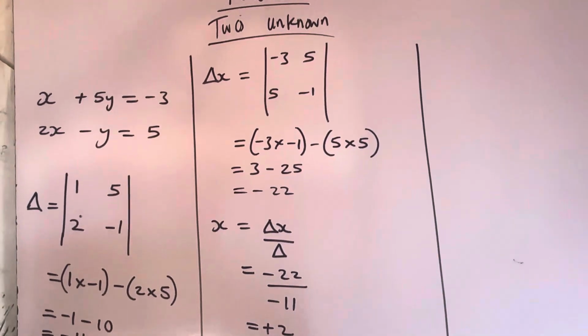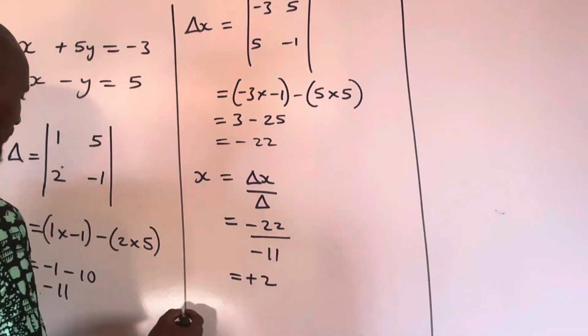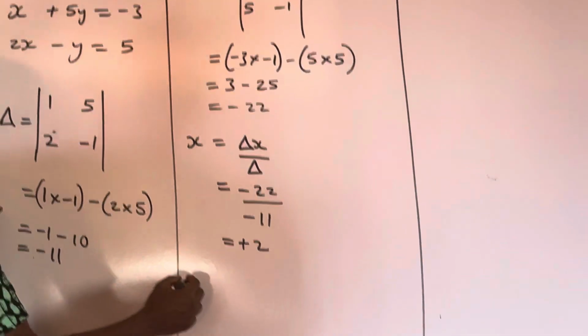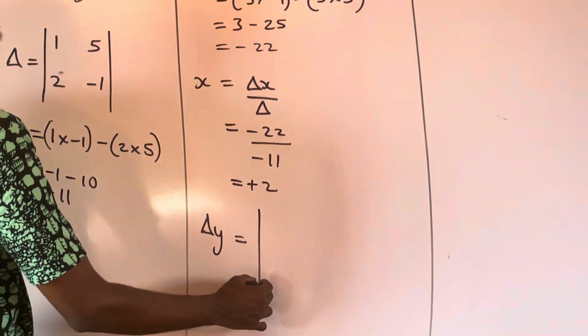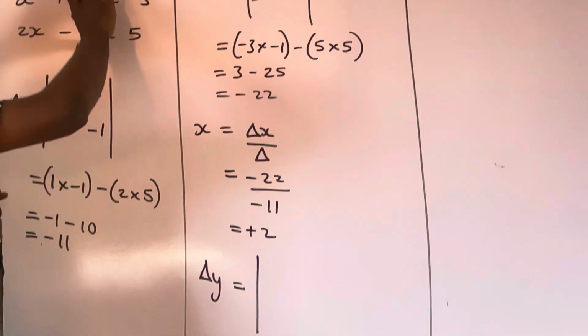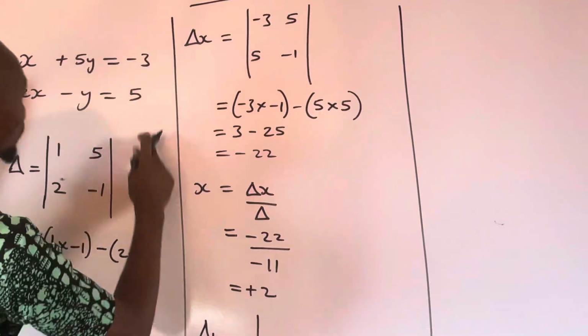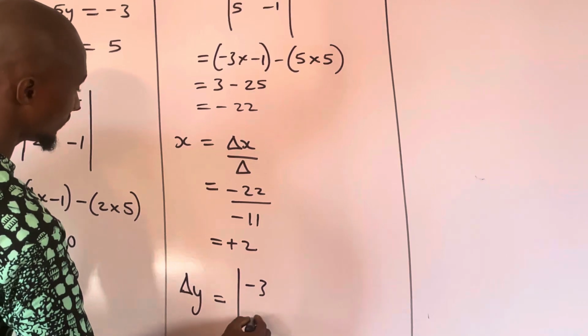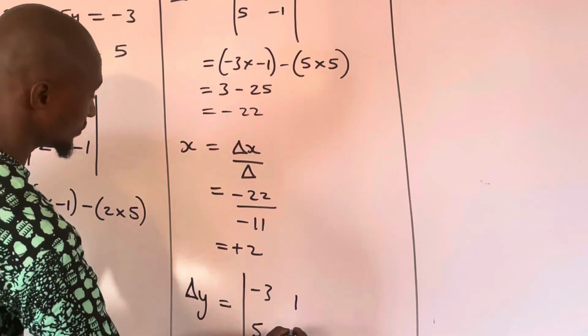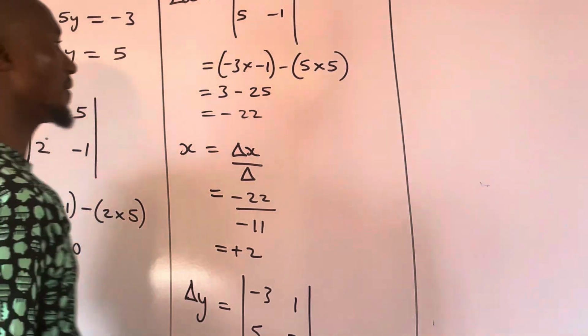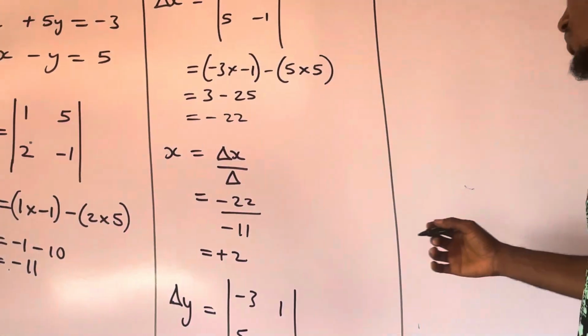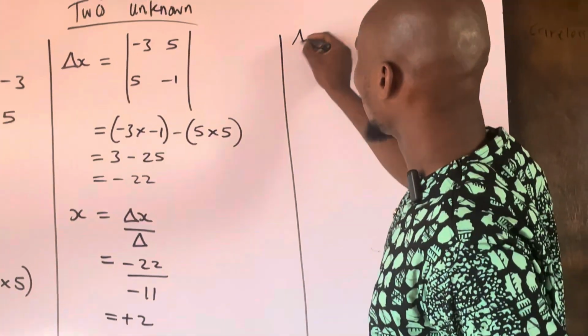What about y? We have gotten our delta. So delta y is equal to, we're not going to use this, based on what I explained before. So it's going to be minus 3, 5, 1, 2. I'm still on delta y.